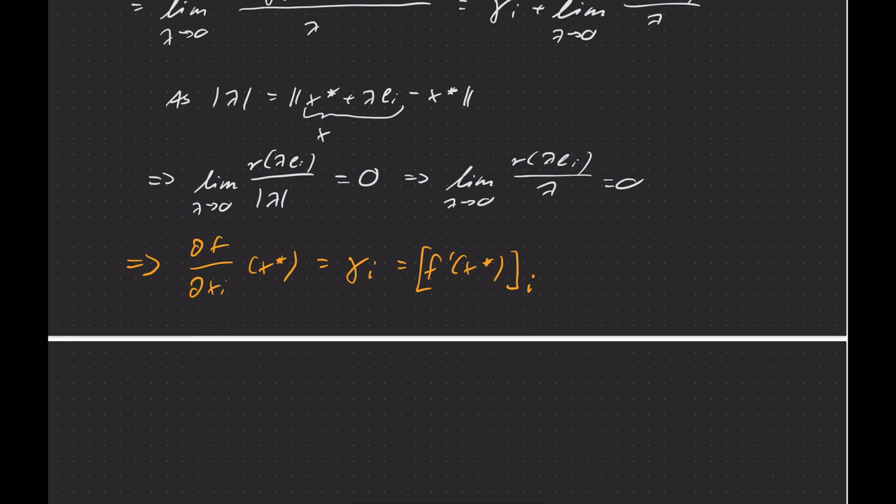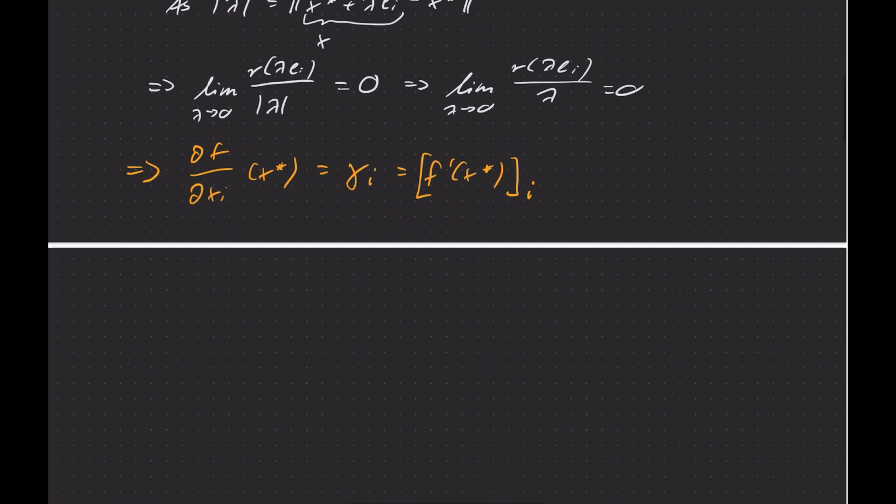If a function is totally differentiable at some point x star, then the partial derivatives are just the components of the total differential. Or in other words, the gradient is basically equal to the total differential. Okay, so that's our conclusion.